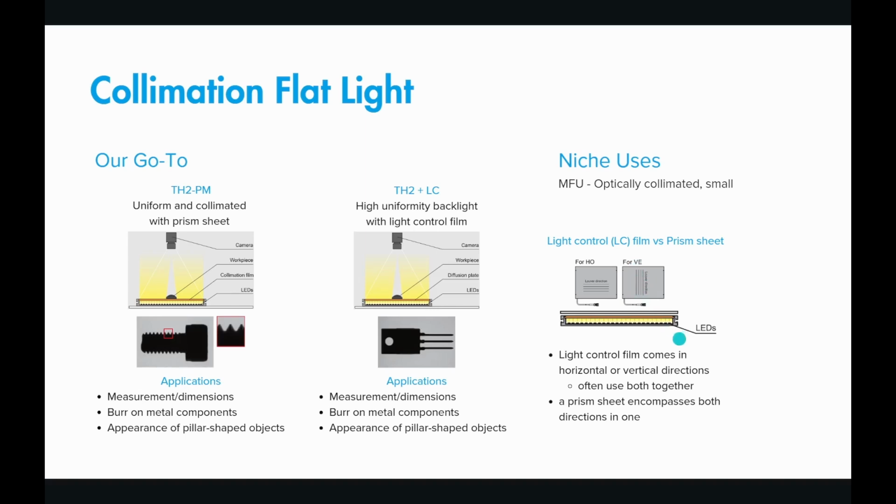Some applications have the best results when they are just using one. You're either blocking only the horizontal or only the vertical. But to get the same results as the TH2 PM, you would have to use both of these together. So that's the difference between these two products. You'll get similar results, other than this one will be a little bit darker because you're blocking more light.